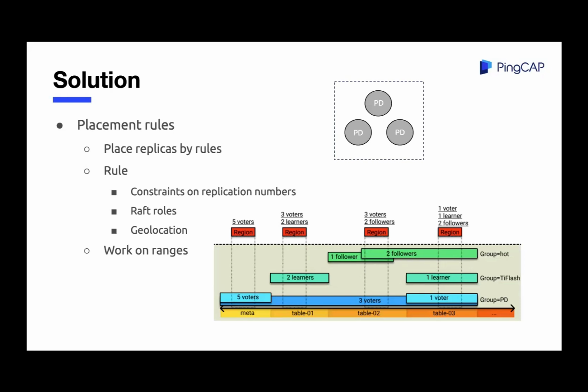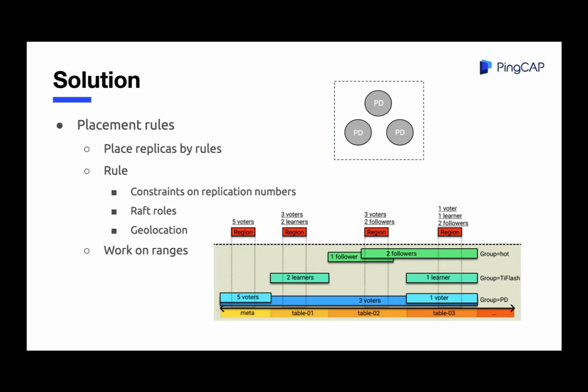In the past, PD used global static placement rules that applied to all the ranges, and now the rules work on ranges. For example, if the meta range is quite important and you want to increase its durability, you can just write rules to increase the replica count.